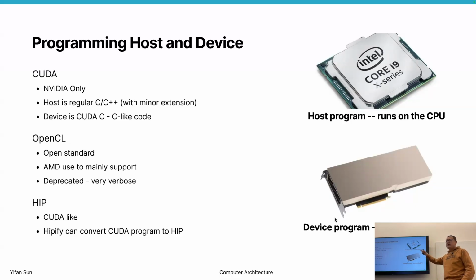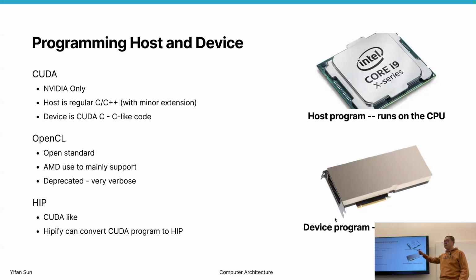Then OpenCL. OpenCL came out around the same time as CUDA, like around 2010, 2011, 2012, that era. It's an open standard, and a lot of companies support it. Mainly it's supported by AMD, but it's interesting that the OpenCL trademark is owned by Apple. But Apple somehow supports OpenCL, though never very well.